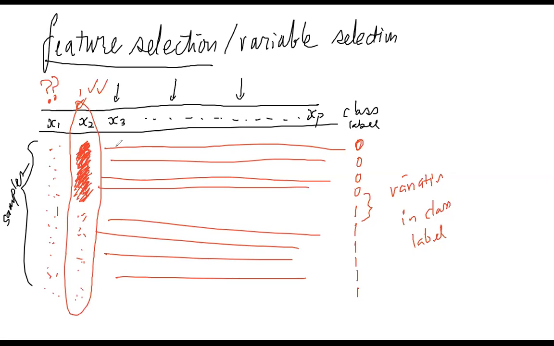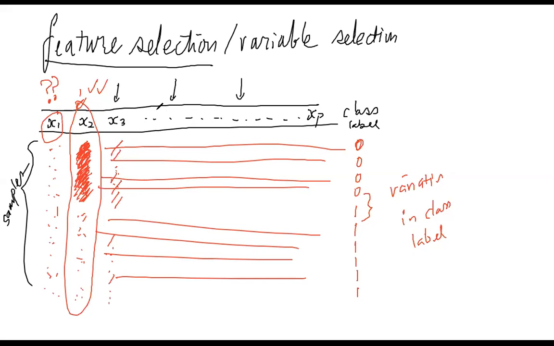What you might potentially get is maybe something like this. It has slightly more information, slightly more variation. It's not like the first case, x1, but it's better, right?